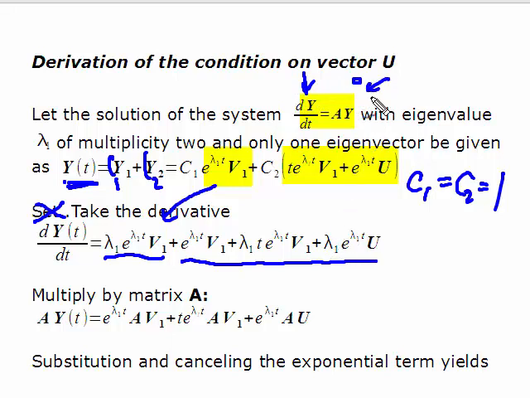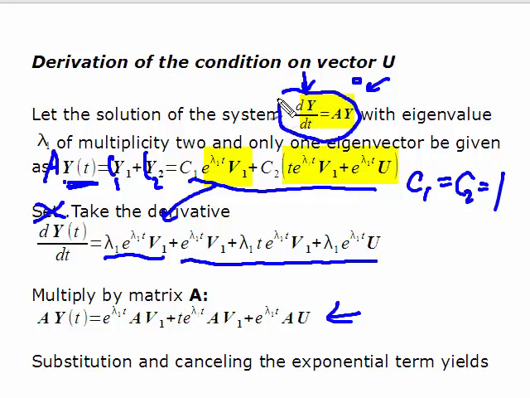For the right-hand side, we have to multiply this by A. I'll multiply all of this by A with C1 and C2 equal to each other. Now I'm going to put them into that matrix equation here, and there's going to be e to the lambda 1 t multiplying every single term, and we can cancel that.